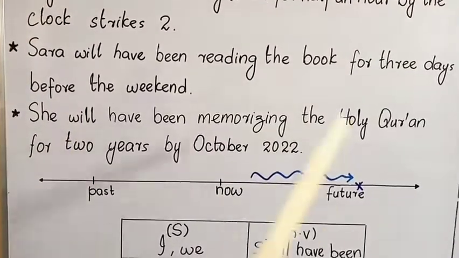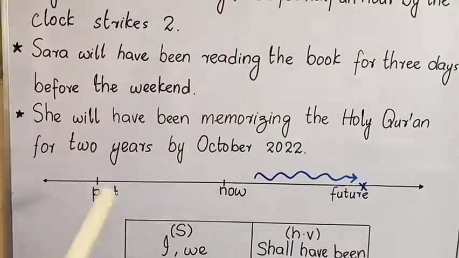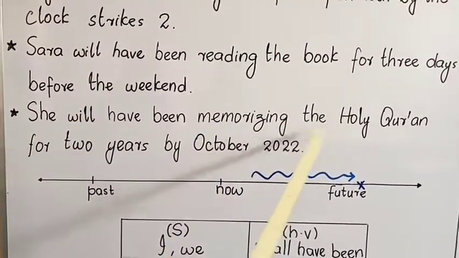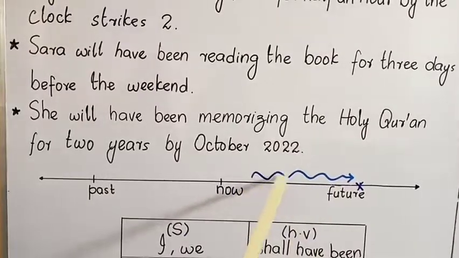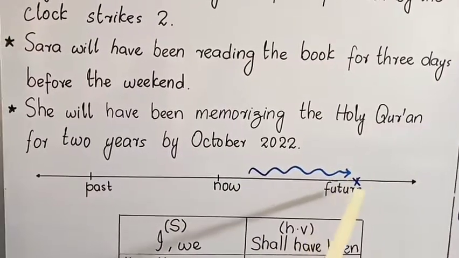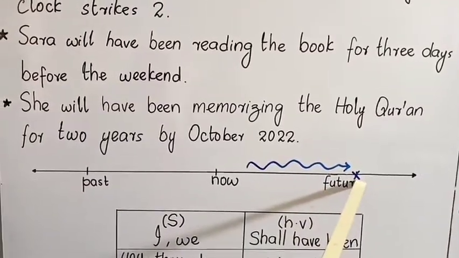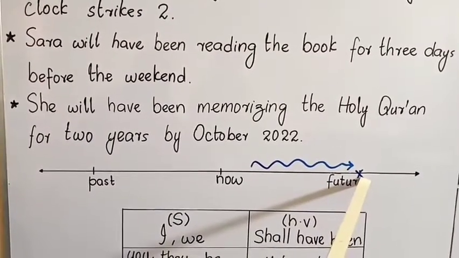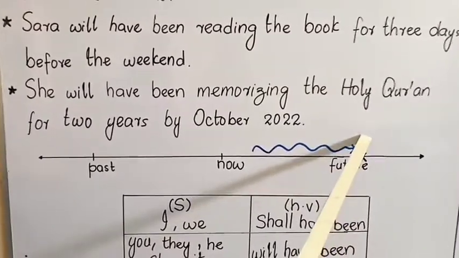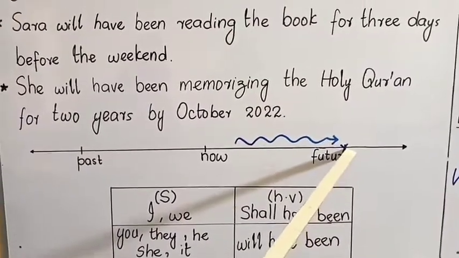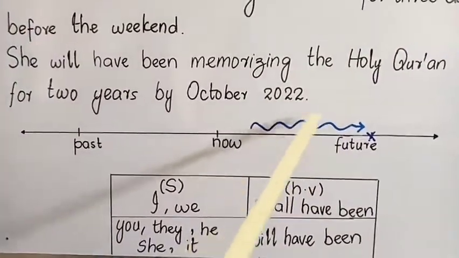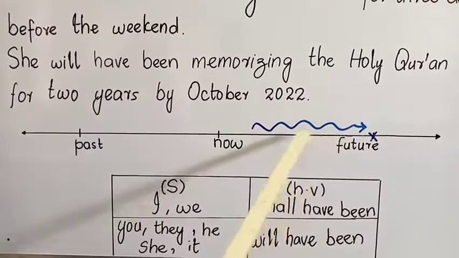So we will combine all these structures and say she will have been memorizing the Holy Quran for 2 years by October 2022. So she will complete her Holy Quran before October 2022, but this action, her memorizing the Holy Quran, will be in progress in future.